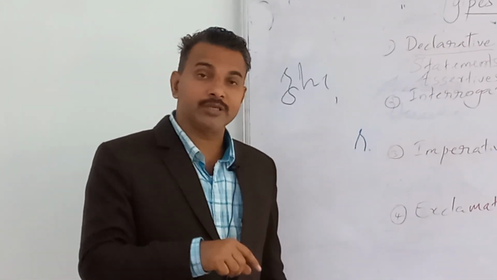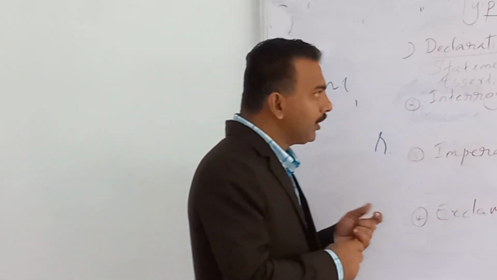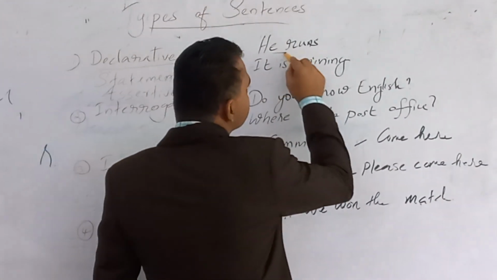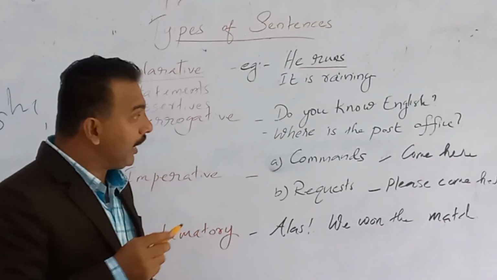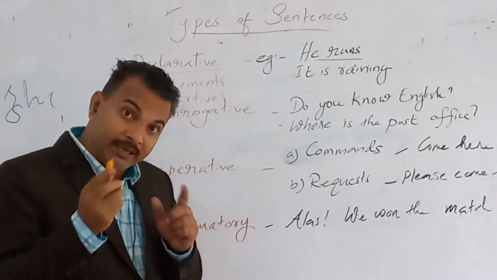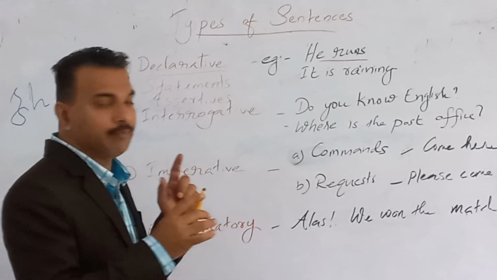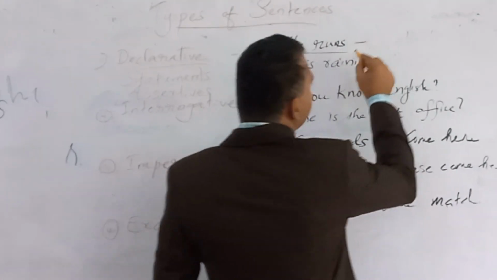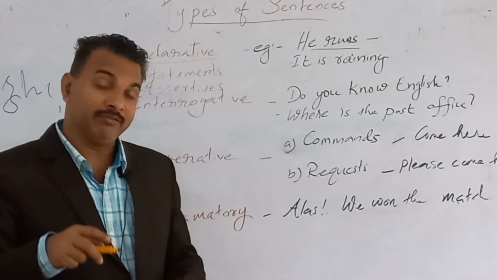In declarative sentences, different tenses are used. For example, he runs. It's a declarative sentence, and a declarative sentence can again be categorized into affirmative and negative. This is a positive, affirmative sentence, but you can make it negative.